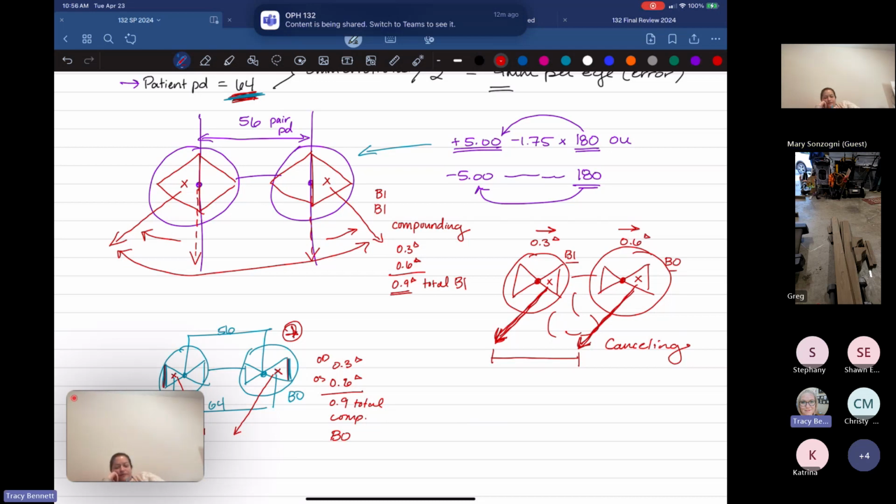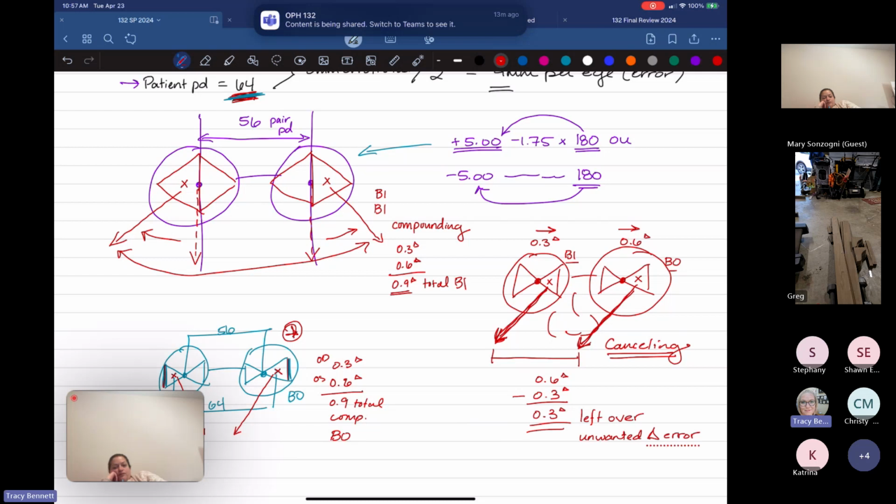So we've got base in and base out, but if they're canceling, then we take one and subtract it from the other. This is a bad example because it ends up being the same number as is in the equation, but we subtract these. This amount is what we have left over. This is our unwanted prism error.